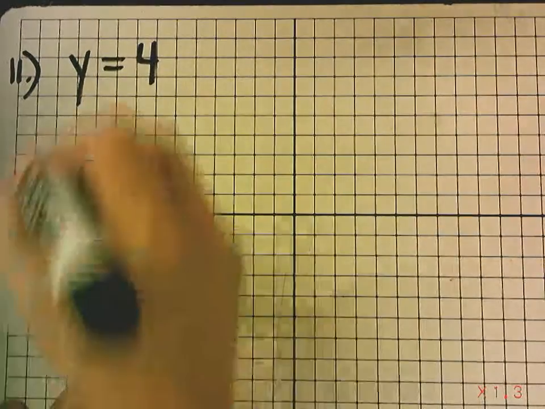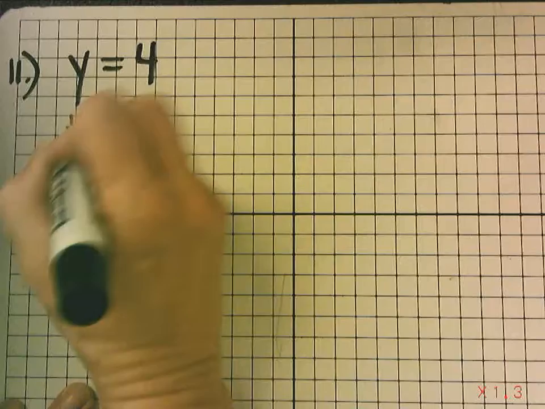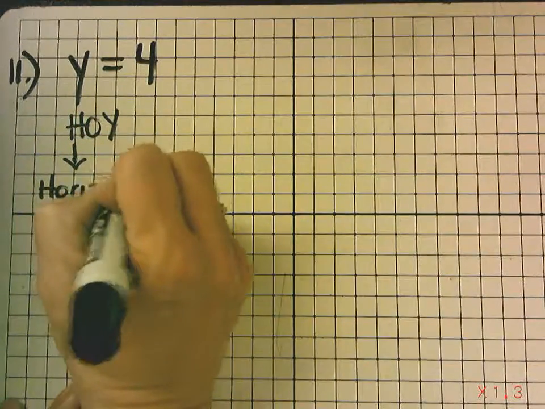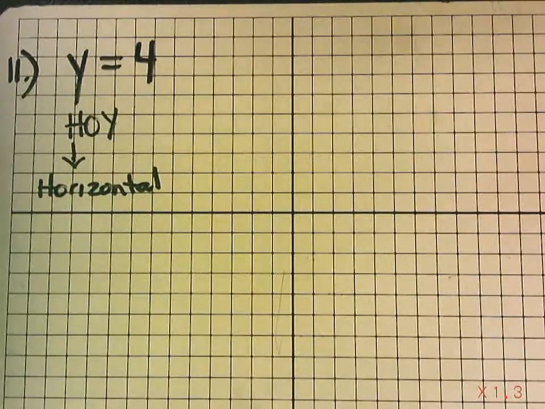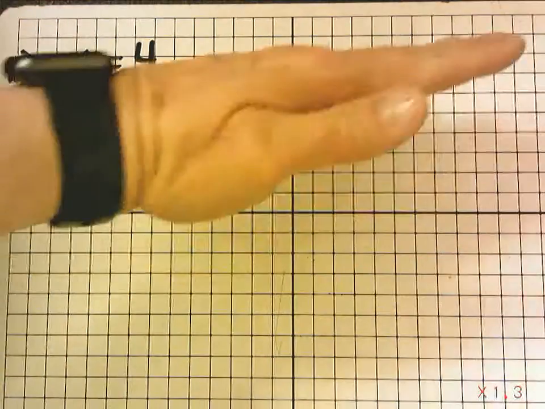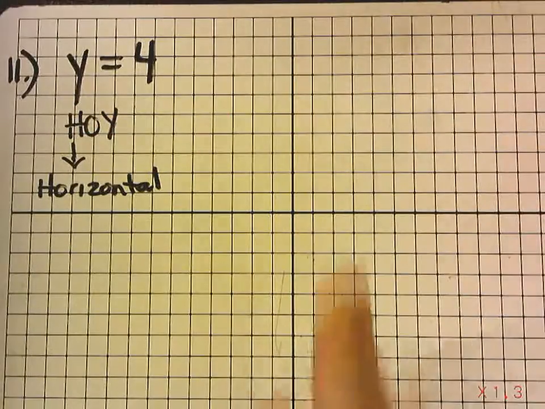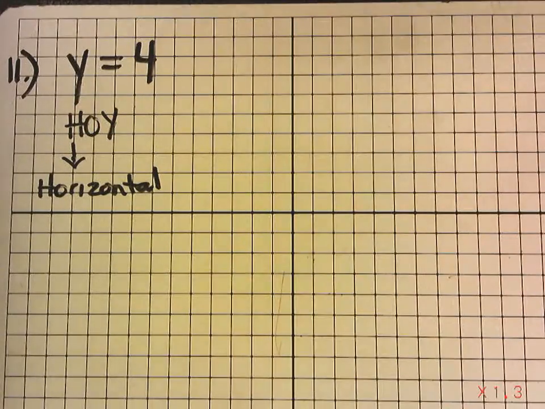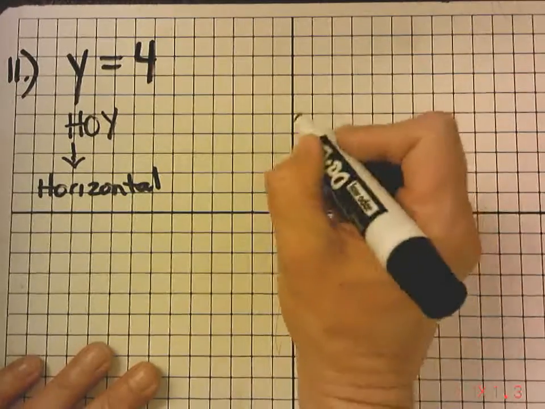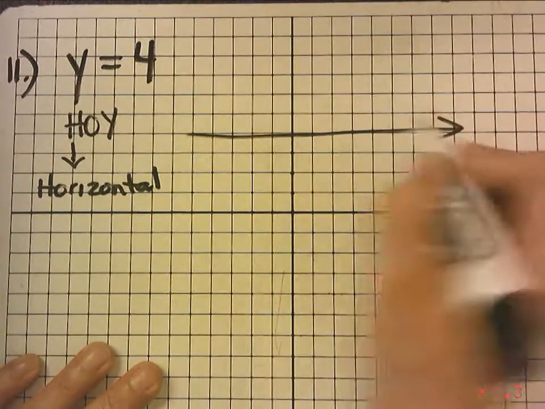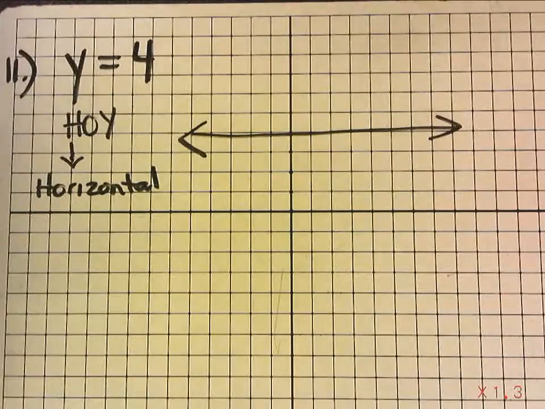Okay, a HOY, this stands for horizontal, which means I'm going to have a horizontal line. It's going to go this way, where a vertical line, a VUX, will go this way. So I find where y is 4, and I draw a horizontal line. So that's y equals 4.